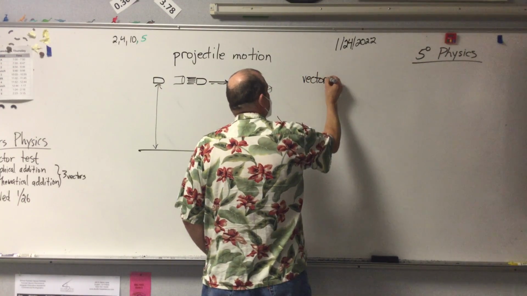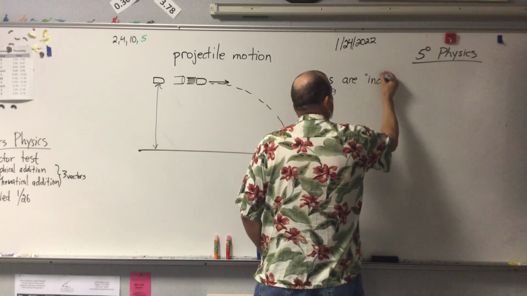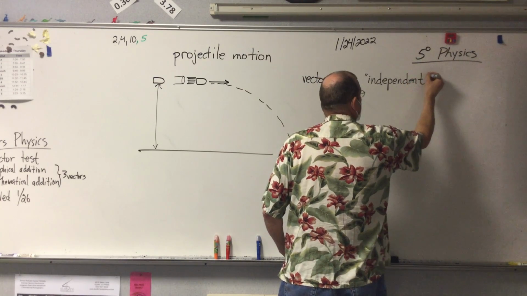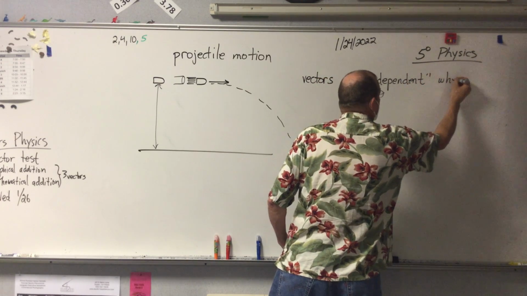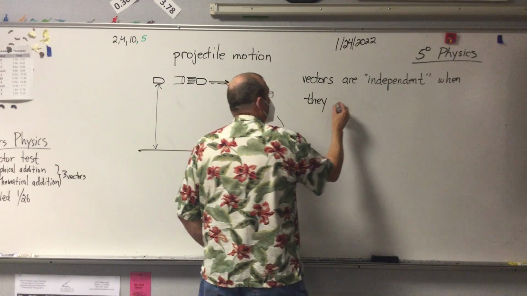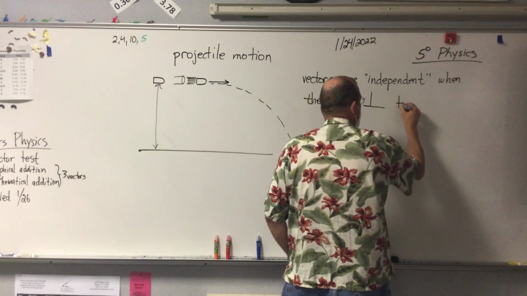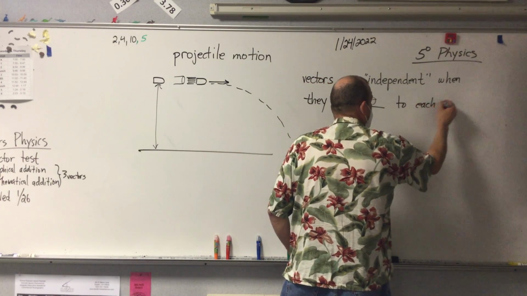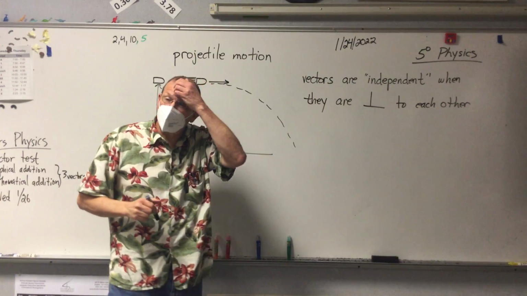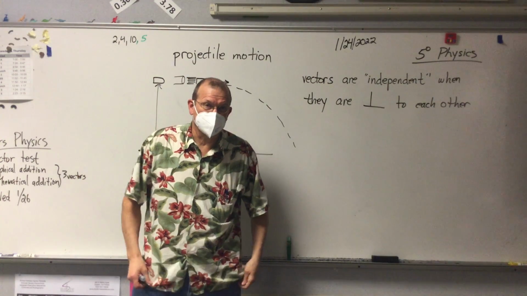I'm just going to write it this way. When two vectors are perpendicular to each other, they are said to be independent of each other.